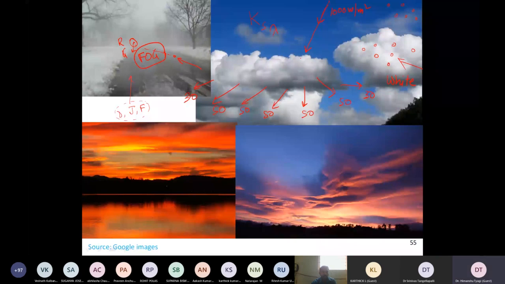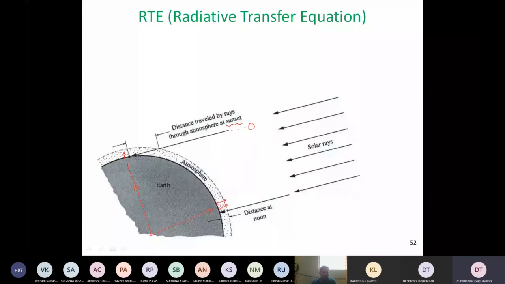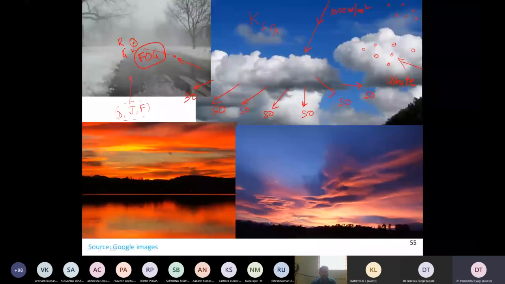During the evening, at sunset, sunlight has to travel a very long distance. Then again major scattering and absorption takes place inside the atmosphere, and blue is the one which is predominantly absorbed and scattered. What remains is the red color. So during sunsets we are able to see the sun having a beautiful red, orange color in the evening and in the morning.